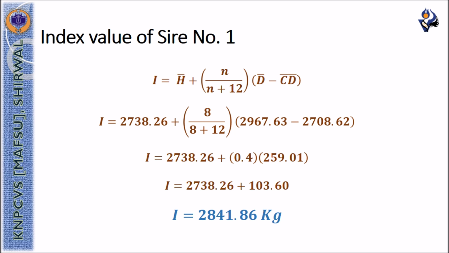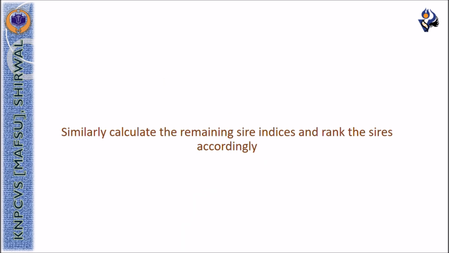Using these values in the given formula, we can calculate the index value of sire number 1 as 2,841.86 kilograms of milk. Similarly, you will have to calculate the index values of remaining sires, and at the end you will have to rank the sires according to their index values.